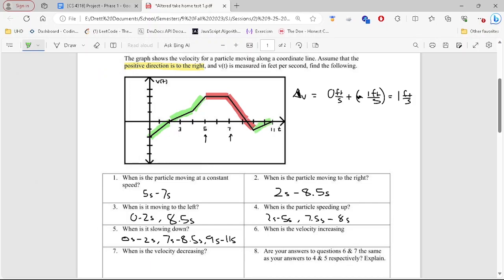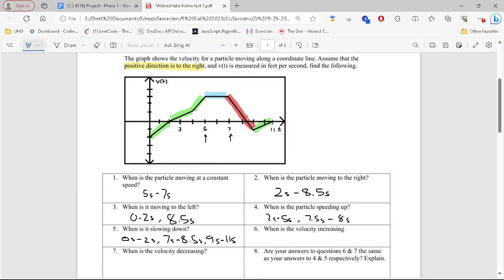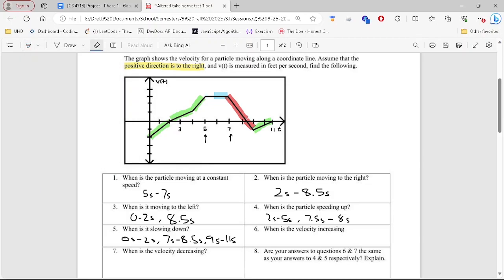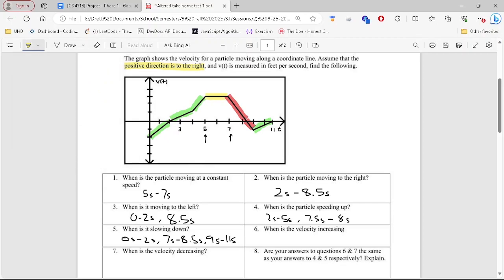So this does qualify. Actually, let me change the color of this so it can be more descriptive. Yellow in this case would, I guess, be neutral. Let's make it yellow, because there's no change in velocity.